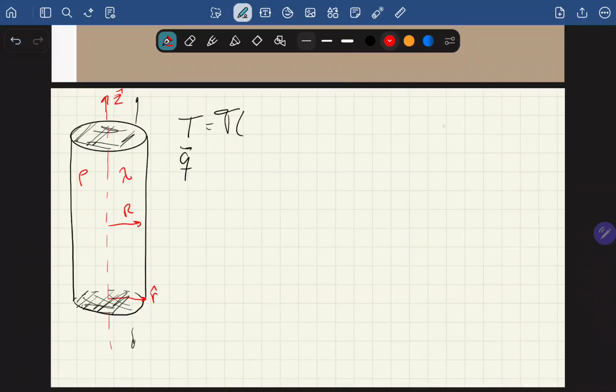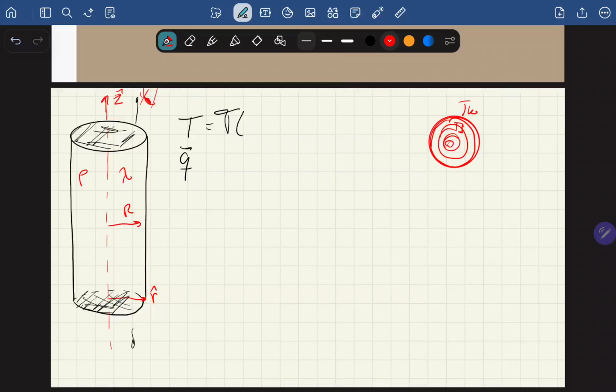symmetric. So if we look at the cylinder from above, we would see the temperature on the wall here, T wall, and then we would see another temperature here. This is an isothermal line, so the temperature would be the same on this line as well, and on this line as well.